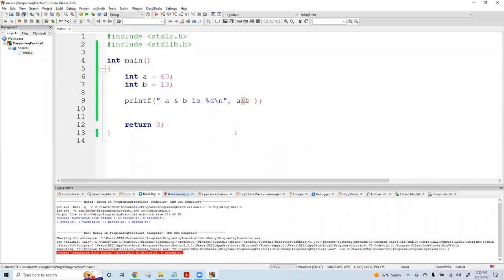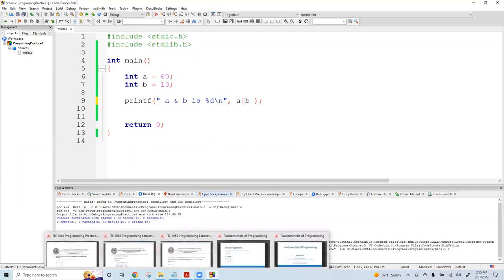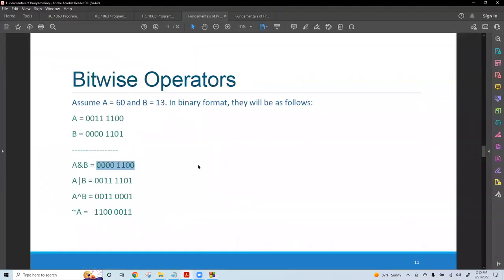If you use OR operator, what would be the output? So here, 0, 1, 1, at least one is 1, the result would be 1.